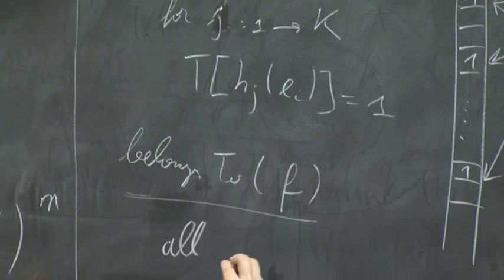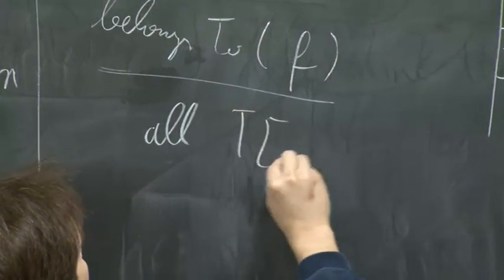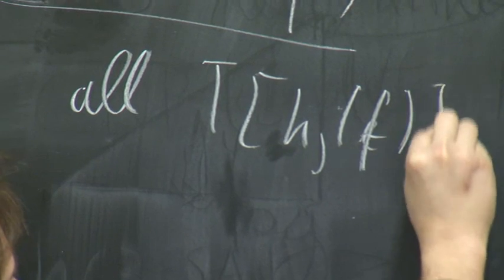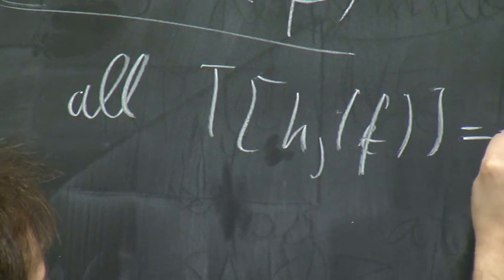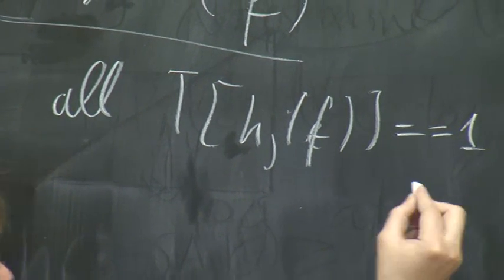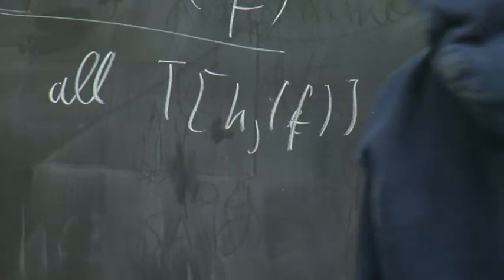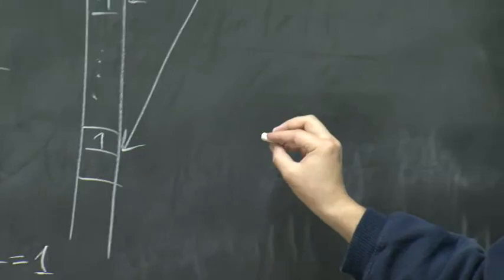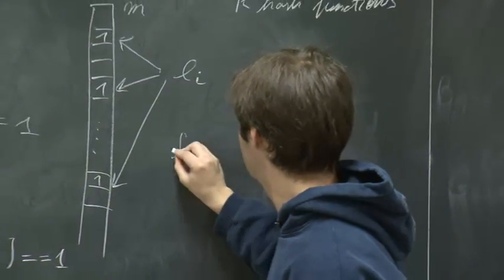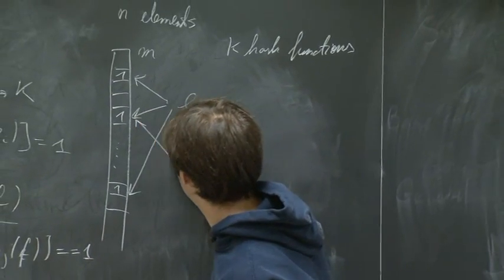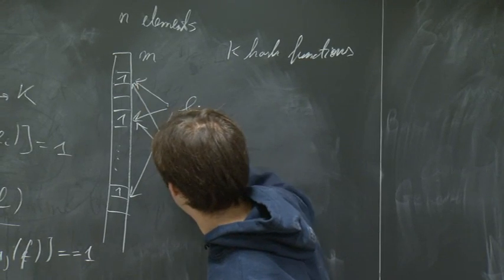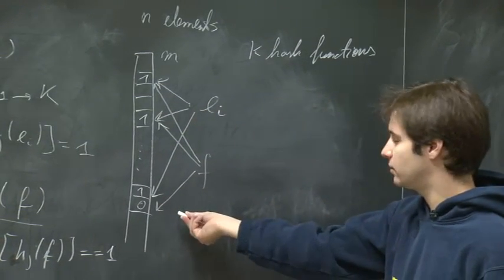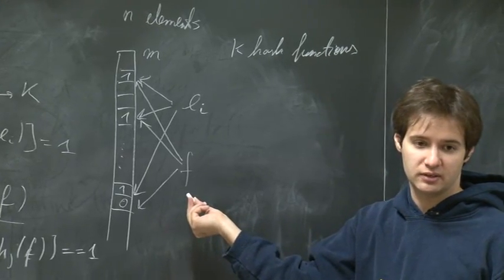So all the table entries at hj of the element have to be 1. For every element, we hashed it k times and set the corresponding bits. If we have a new element, and by hashing it we get here and here, but we also get here, and this one was a 0, then we know we definitely didn't put this in.